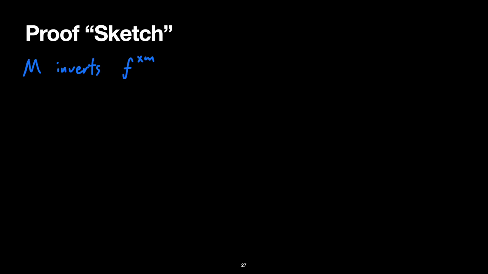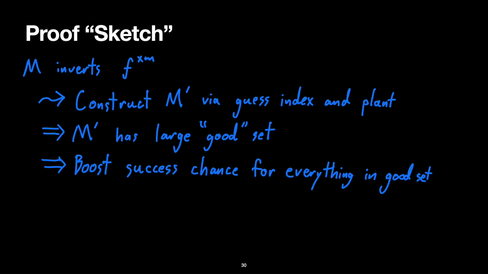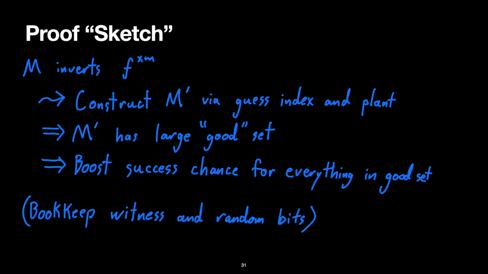We have M that inverts f to the little m. We construct M prime via the guess, index, and plant, the concatenation direct product idea. That will have a large good set. We boost the success chance of everything in the good set to be very, very high, and we simply bookkeep witnesses and random bits.